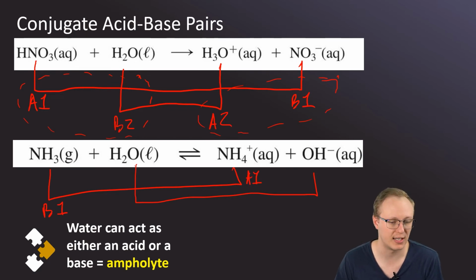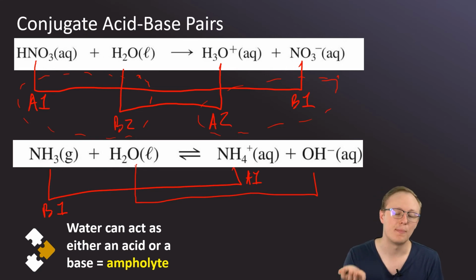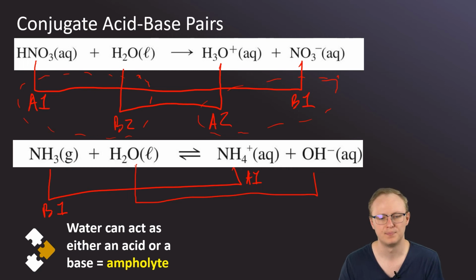The ammonium is acid 1, right? So the ammonium is the conjugate acid of the base ammonia. But then the H2O actually gave away a proton to form OH-, and so here the H2O is acting as an acid, and the hydroxide would then be the conjugate base.